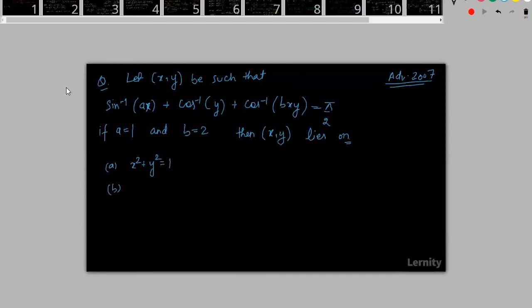Option B is (x square minus 1) into (y square minus 1) equals to 0. Option C is x is equals to y. Option D is (4x square minus 1) into (y square minus 1) equal to 0.